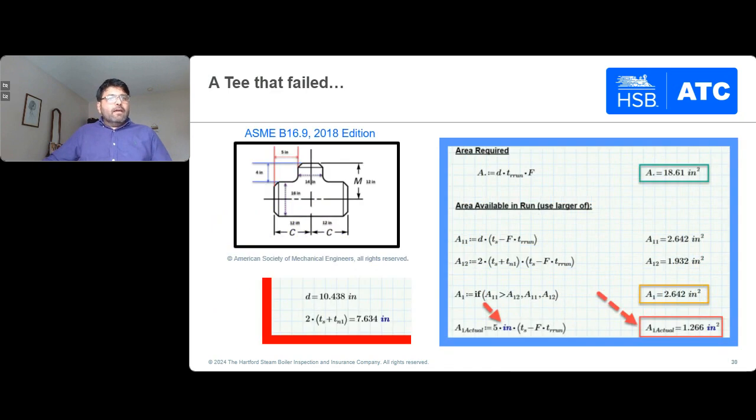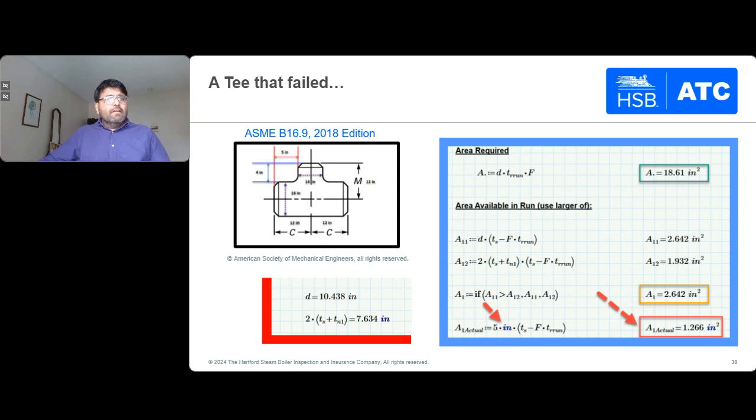So again, out of curiosity, as a simple academic exercise, I took this T to see how this would compare when I do a reinforcement calculation in accordance with Section 1. So the area required, remember that area that I showed you 2 slides ago that I need to compensate, that area I calculated around 19 square inches.